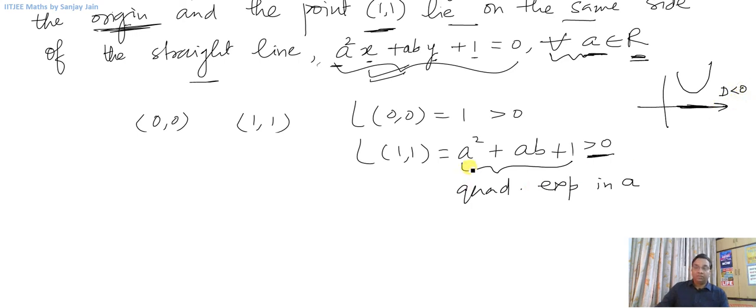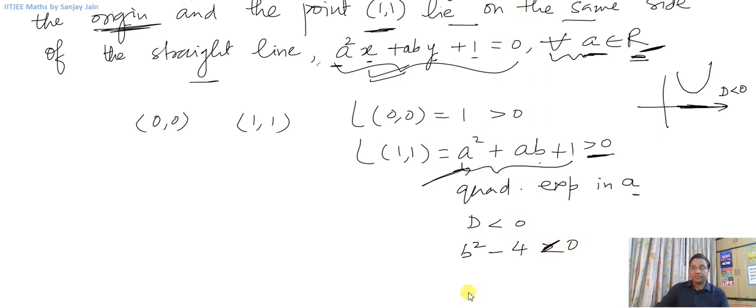So the discriminant of this quadratic expression in a for all real a is negative, right? And what is its discriminant? b squared minus 4ac. So that means b squared minus 4 should be less than 0, right?